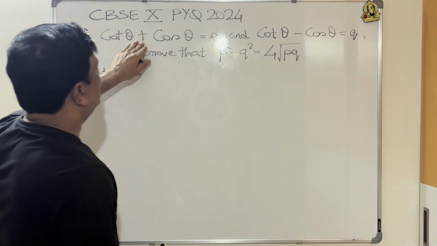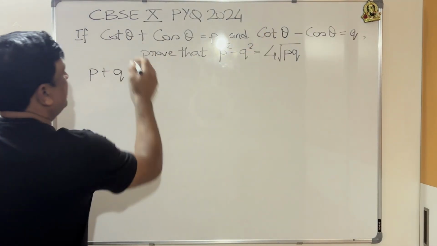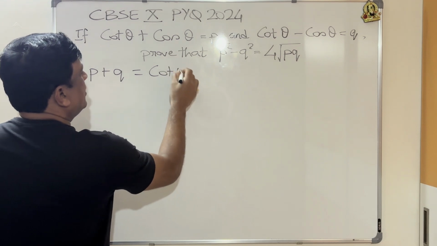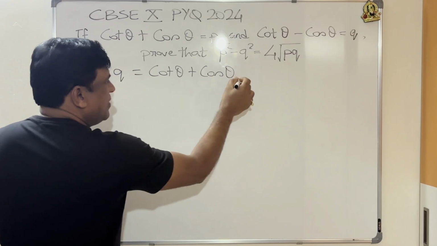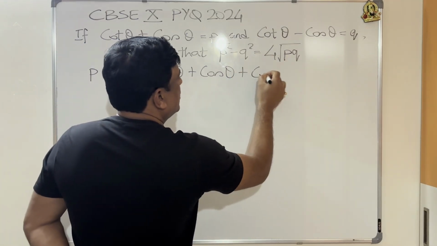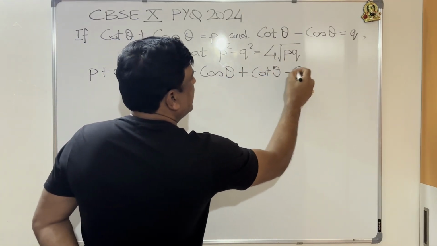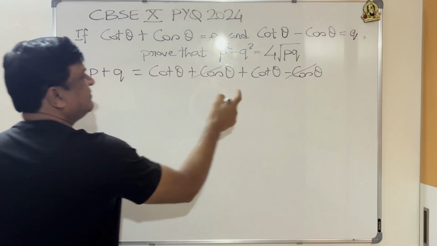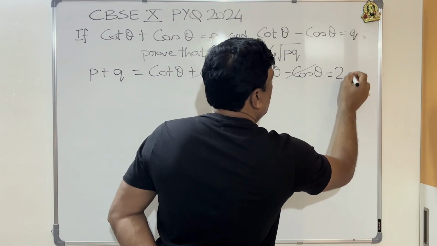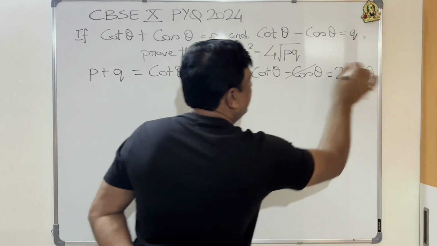P plus Q is nothing but this plus that. So what do you get? You get cot theta plus cos theta, that is P, plus Q, which is cot theta minus cos theta. These two get cancelled, so you get 2 cot theta. Okay, leave it like that.